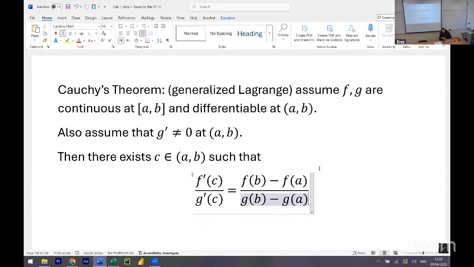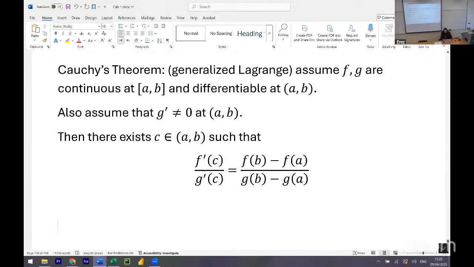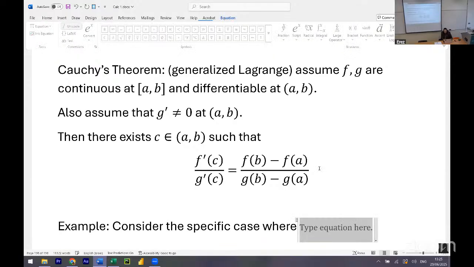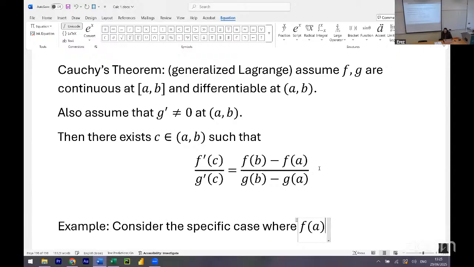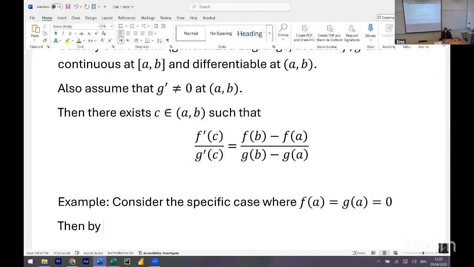So look at a specific example, an important one. Consider the specific case where f of a equals g of a equals 0. Then by Cauchy, what do we get?